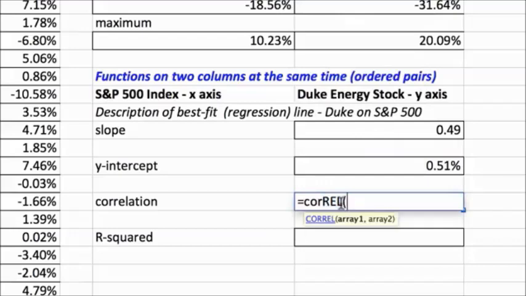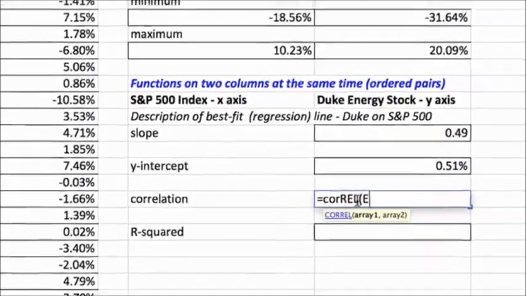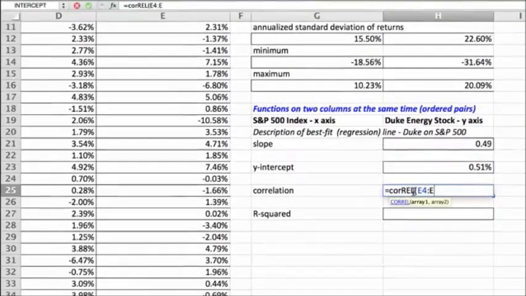Okay. And here it doesn't matter what order we enter them in, because the correlation of x against y and y against x is the same, but we'll just do it the same way we've been doing it.